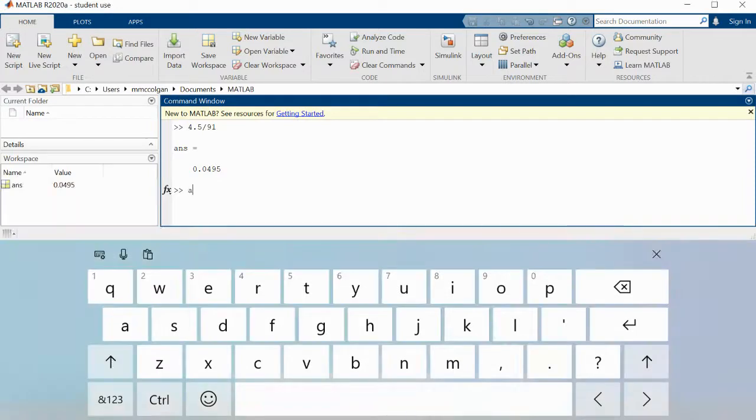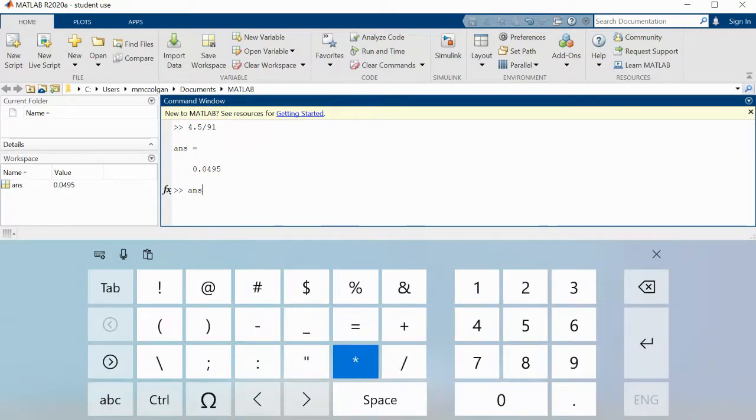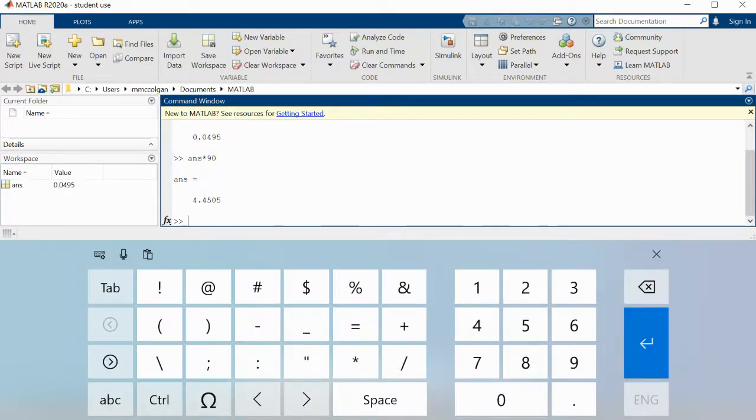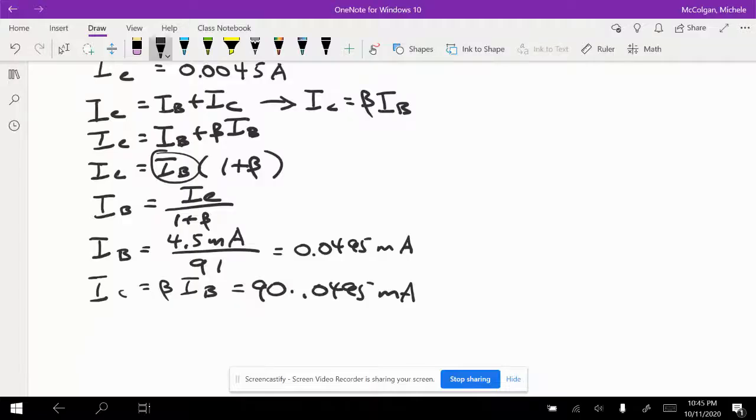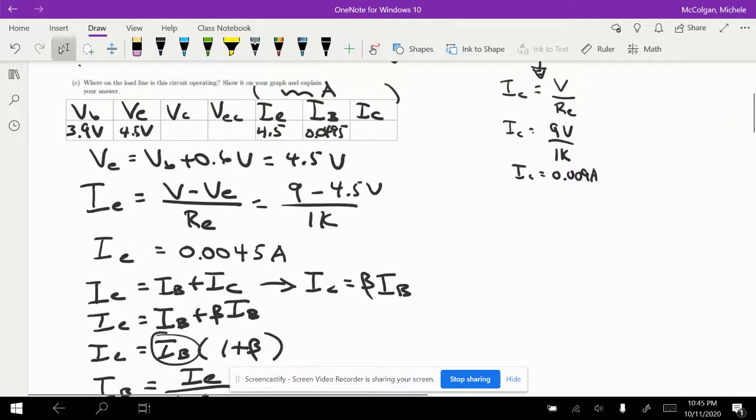I can say answer, because I know that that's my IB, times 90, and that's 4.45 milliamps. So IC is equal to 4.45 milliamps.